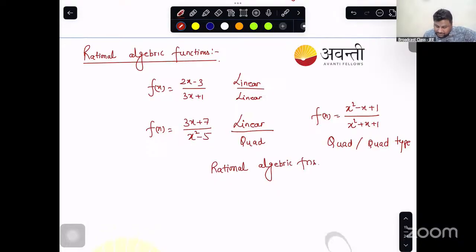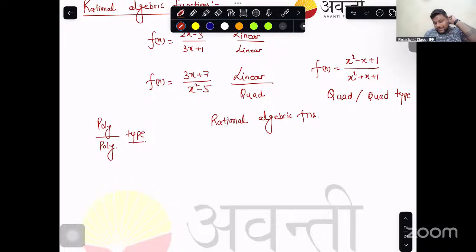Means polynomial upon polynomial type. So they are called rational algebraic functions. Now, what happens?